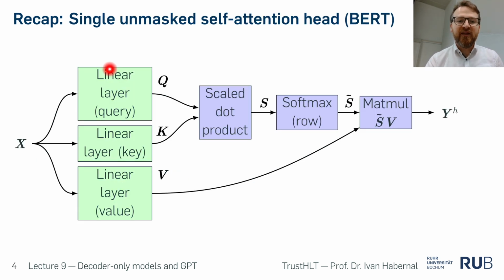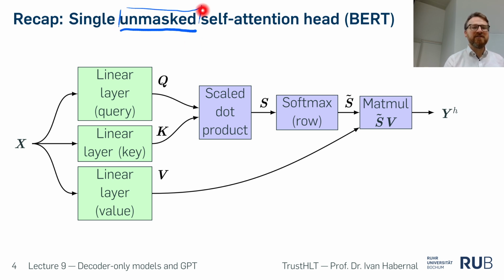So let's dig deeper into the self-attention in BERT. We call it unmasked self-attention, and this term will become very clear later in this lecture, because there will be something called masked self-attention, of course the opposite of that. So this is a recap. We take the input: a couple of rows, one for each word, and each row is the embedding of the word.